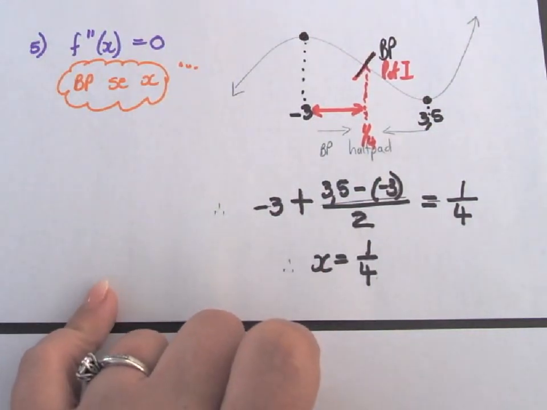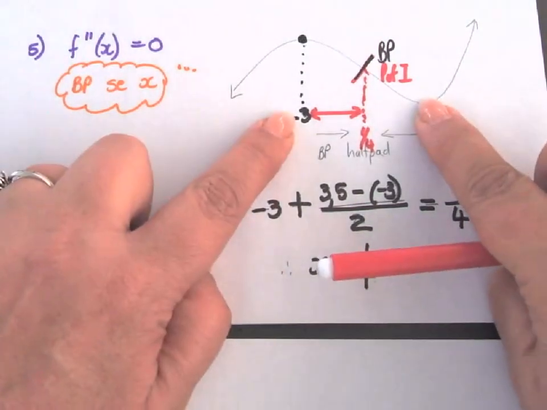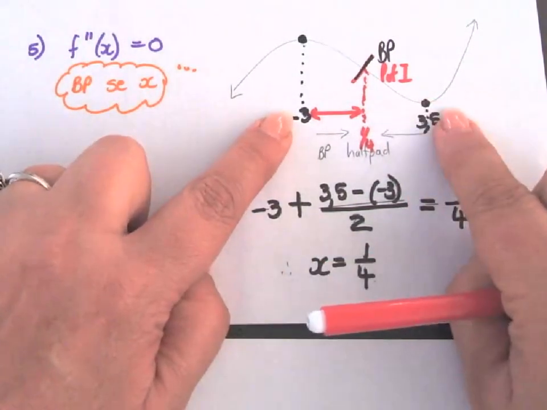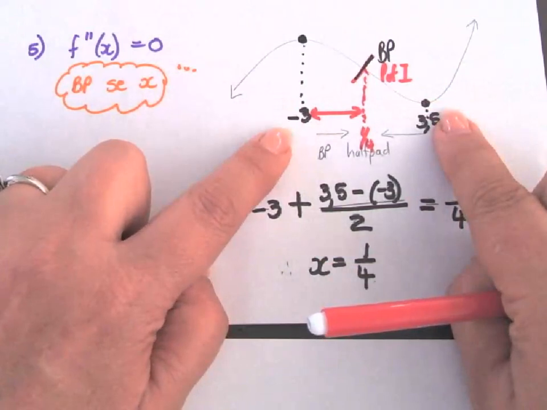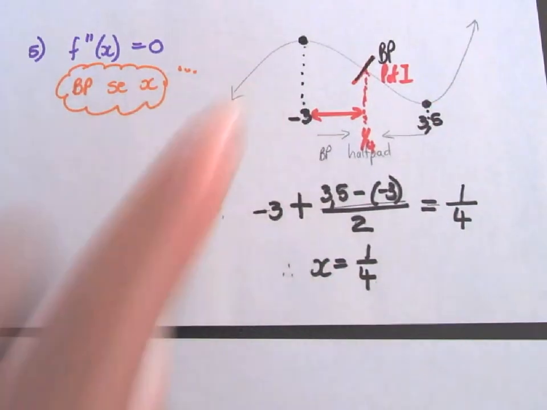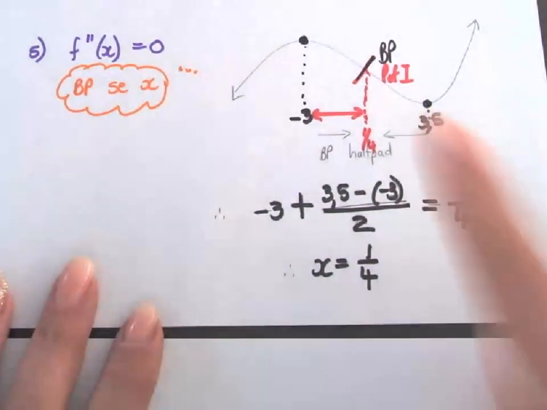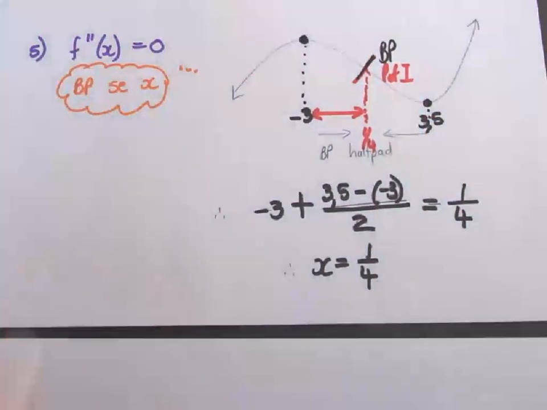What if you just get half of the distance? You get half of the distance added to the x value, and then you add it to the smallest x value. What is the smallest? All this. Or you can subtract it from the largest one. Okay.